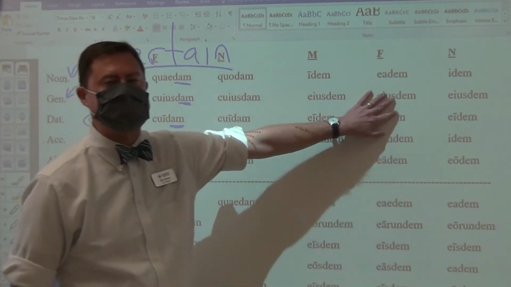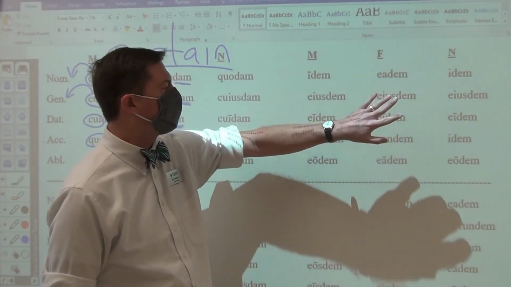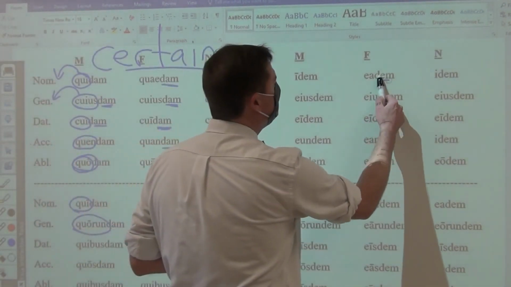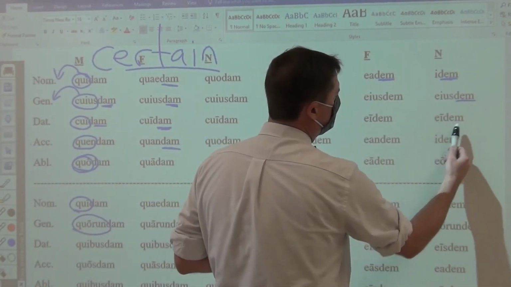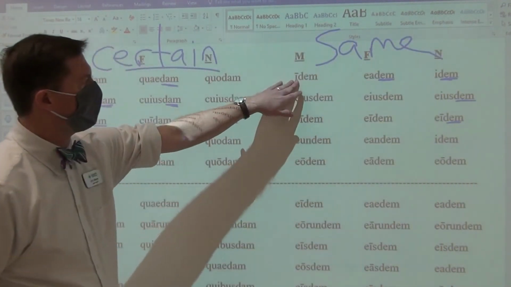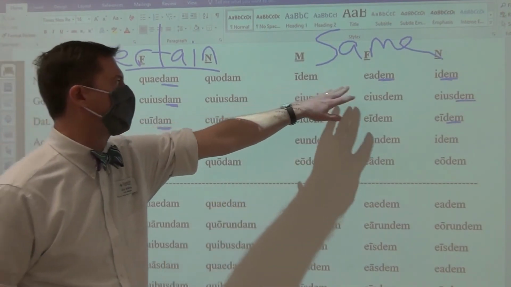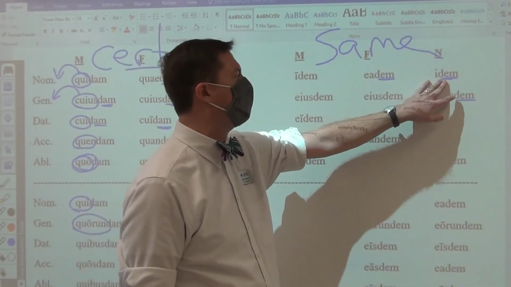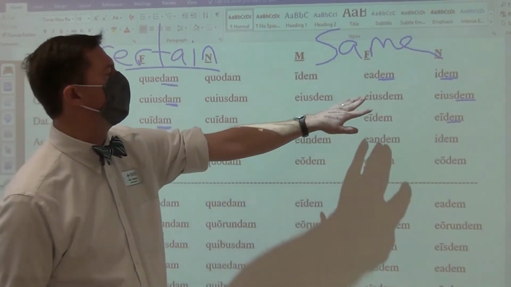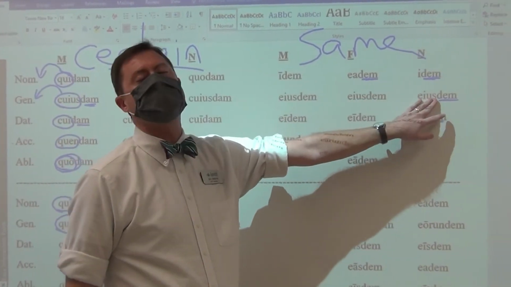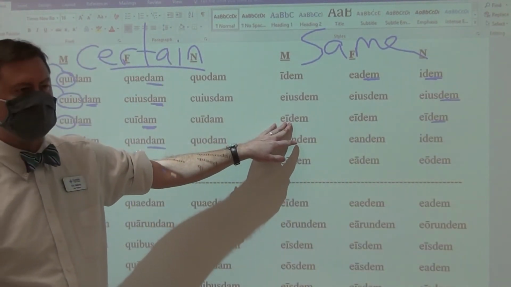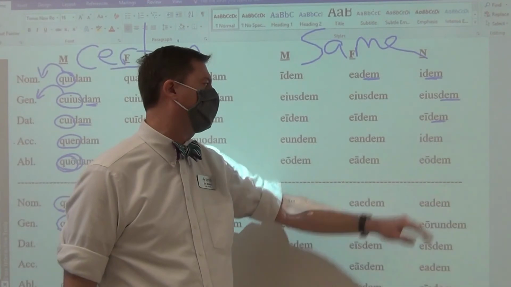Likewise, if you would take is, ea, id, which of course is the personal pronouns, and put dem on the end of those, it's going to mean the same. The same masculine subject verbs, the same feminine subject verbs, the same neuter subject verbs, of the same masculine thing, of the same feminine thing, of the same neuter thing, to the same masculine thing, and so forth and so on.